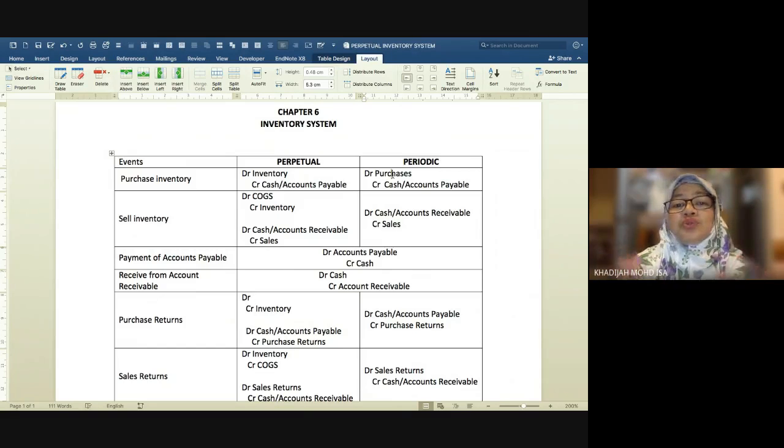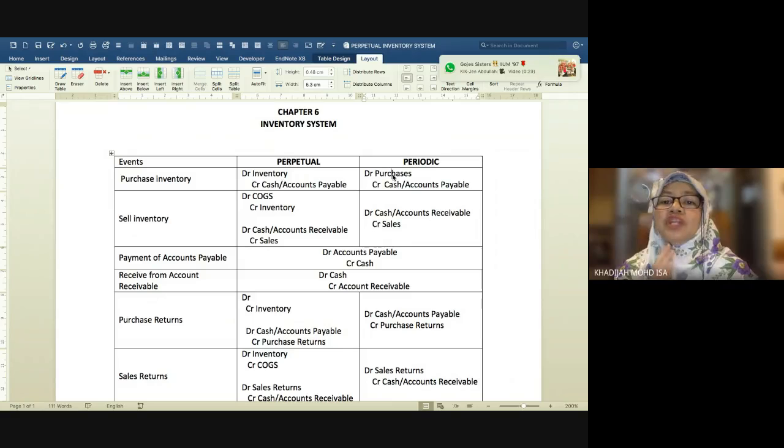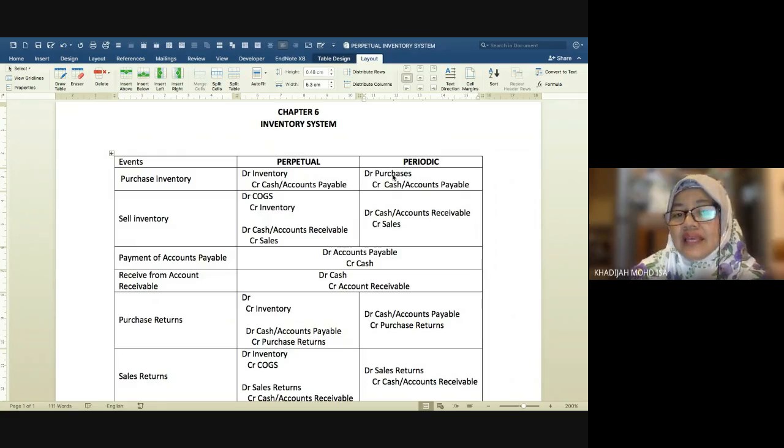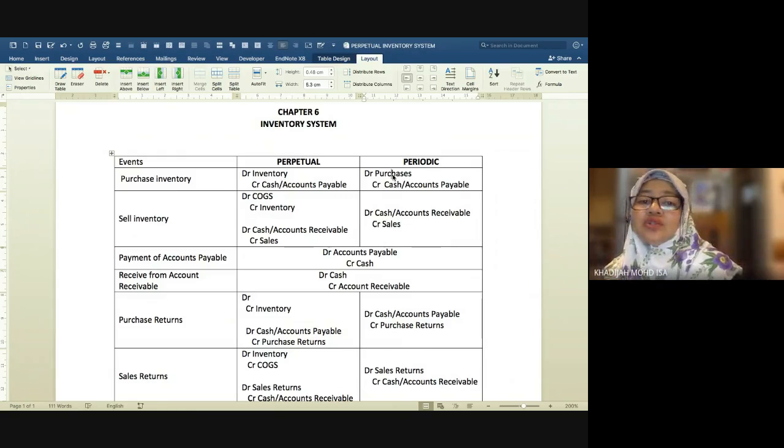So here you do not have any inventory account. If you're using periodic, you'll see that in your trial balance there will be no inventory account. If you see there is an inventory account in your trial balance, then you know that the company is using perpetual inventory. Because under periodic, there's no such thing as an inventory account.